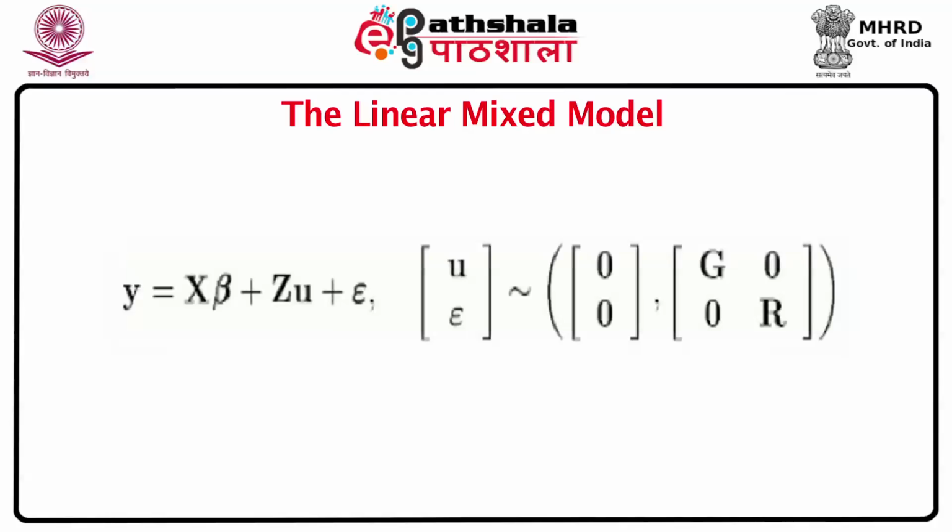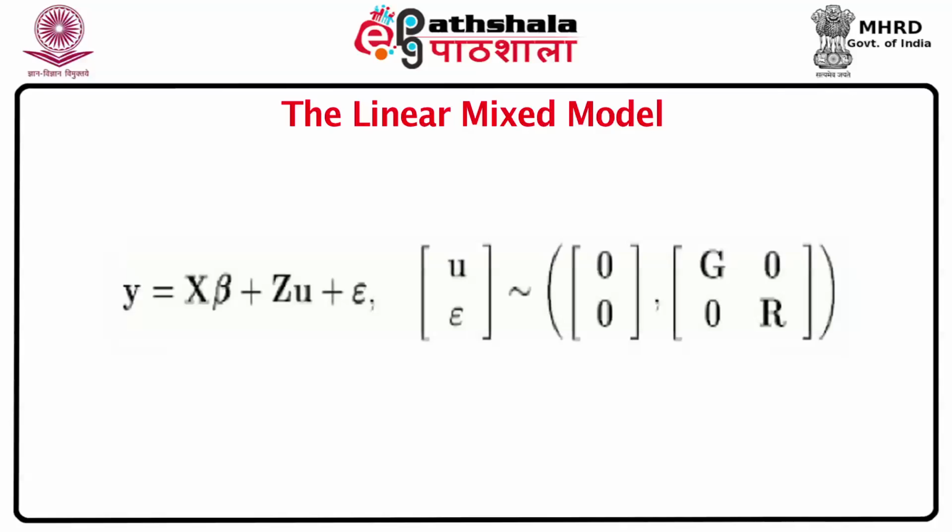So the linear mixed model is written as y equal to X beta plus epsilon plus an extra component which is Zu. Z is a design matrix, and the coefficients of the columns of this design matrix, u, are assumed to be random with mean 0, variance G, and they are uncorrelated with the epsilon.